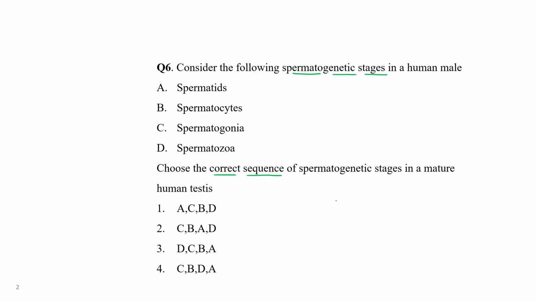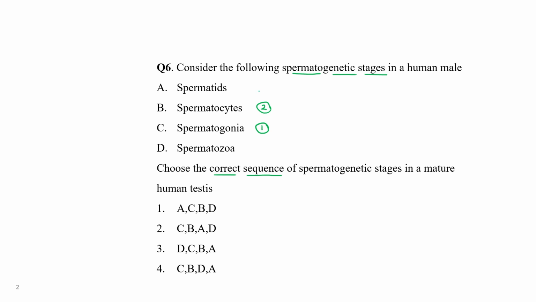You know this. What is the first stage? Already I told you, the first stage is spermatogonia. This is the primary type of cell. From spermatogonia, spermatocytes, primary, then secondary. Primary spermatocyte, mitotic division. Secondary spermatocyte, meiosis division.